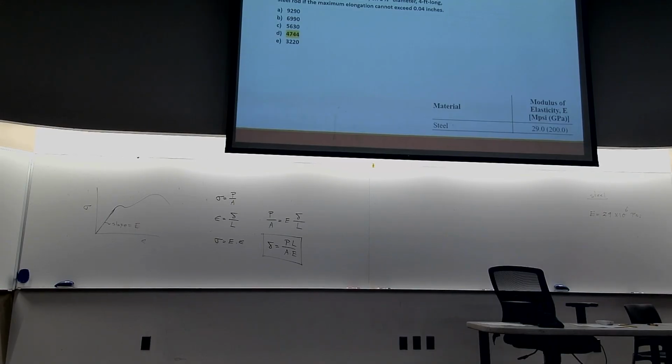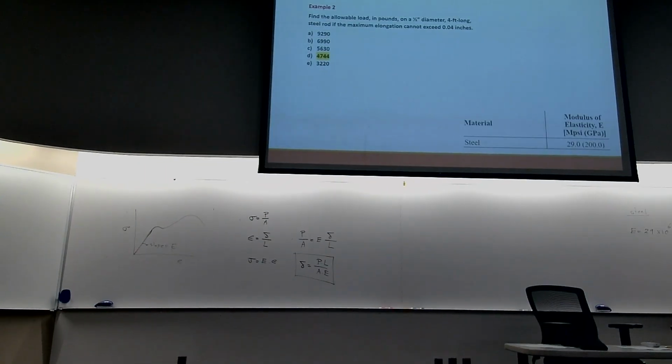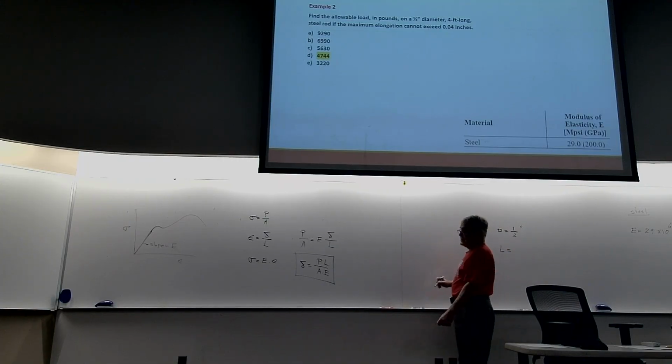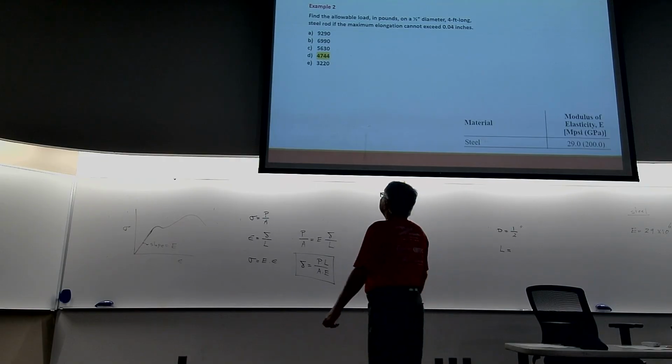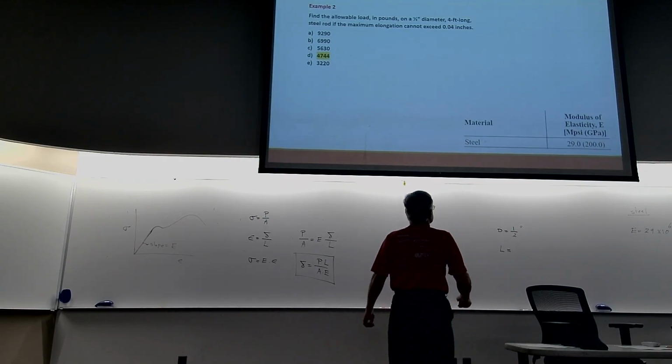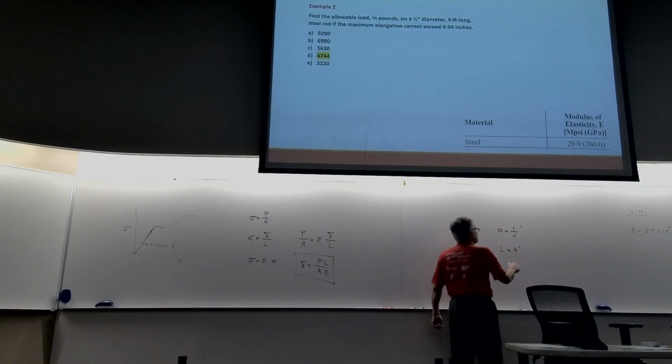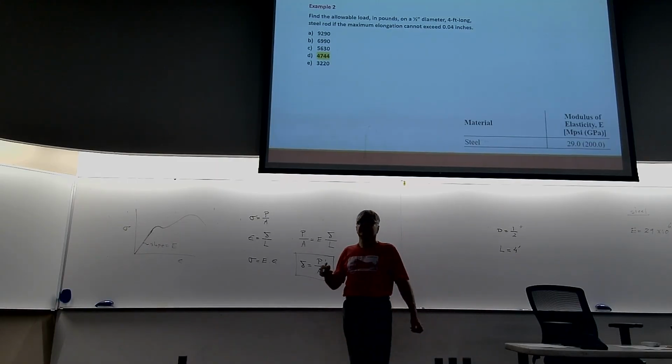Here's a very simple example in which we are asked to find the force P for which a steel rod with the dimensions shown here, which are diameter of 1/2 inch and length of 4 feet, we use 1 prime for feet and 2 primes for inches.